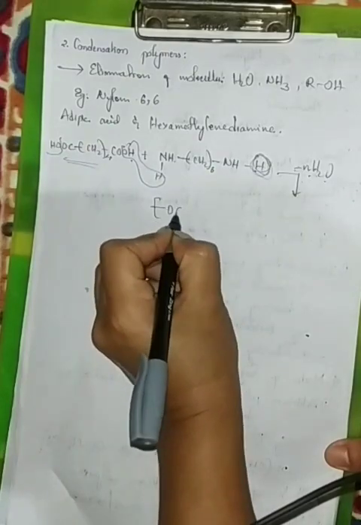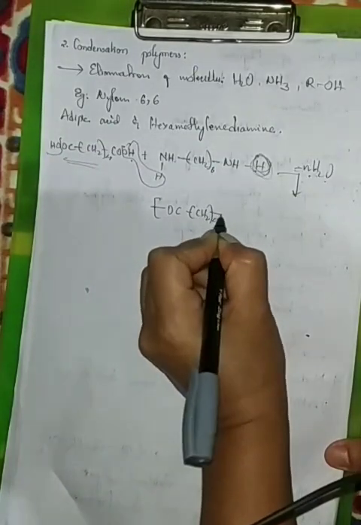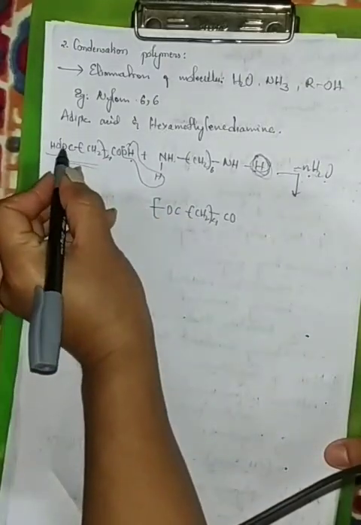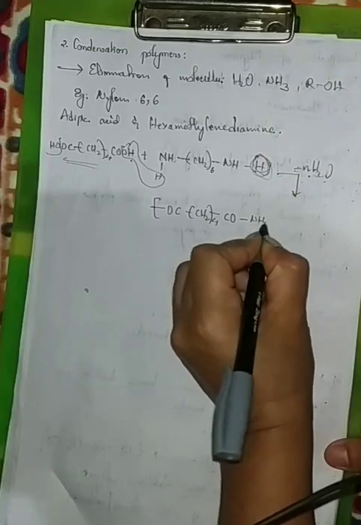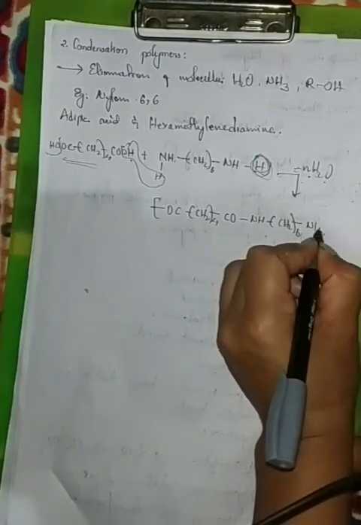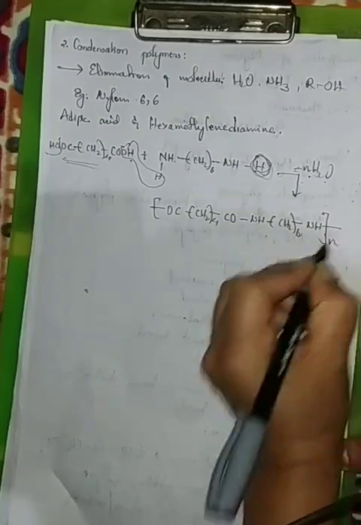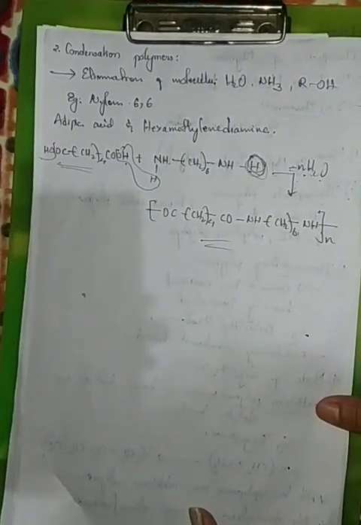Look at this, this is our nylon 6,6 molecule: CO, and then our NH would come and join here, CH2 six times, and then NH. Therefore, this is our nylon 6,6 polymer.